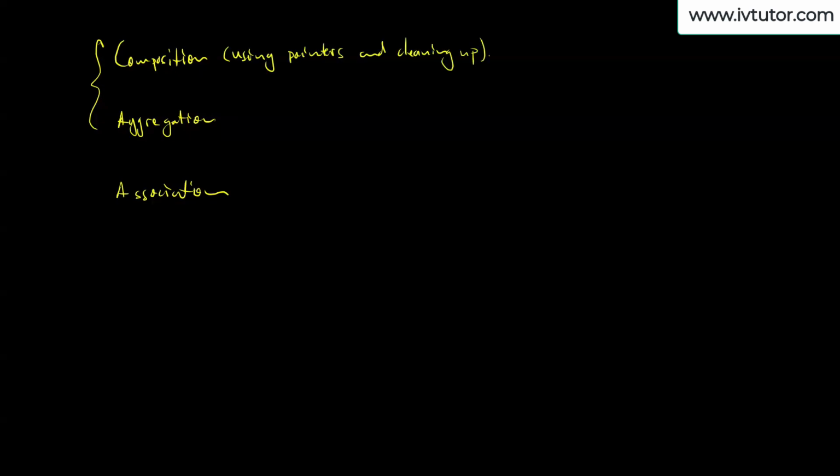So let's now talk about composition, aggregation, and association. These relationships are simply illustrating what's going on in the class, right? For example, if I define a class, customer, and in this class I put stuff, let's say a QString name.